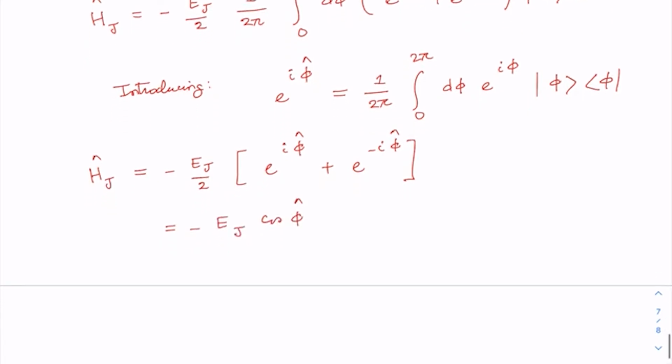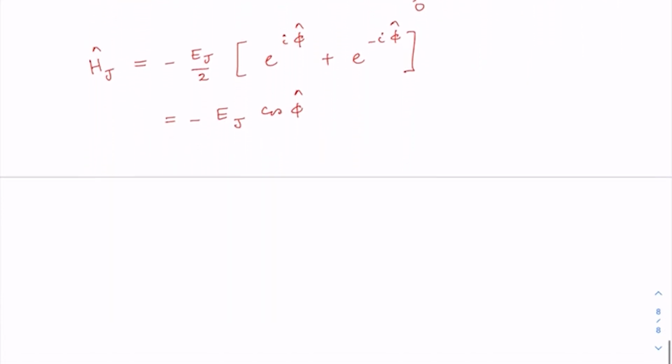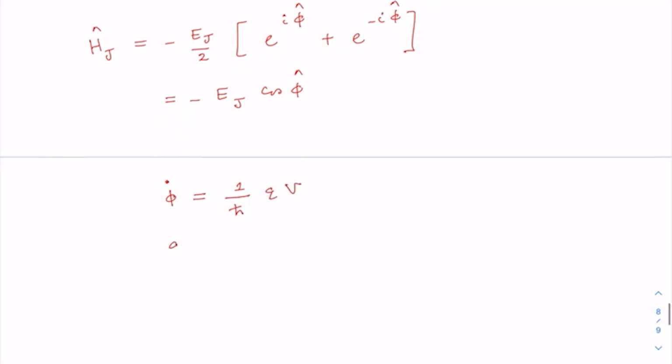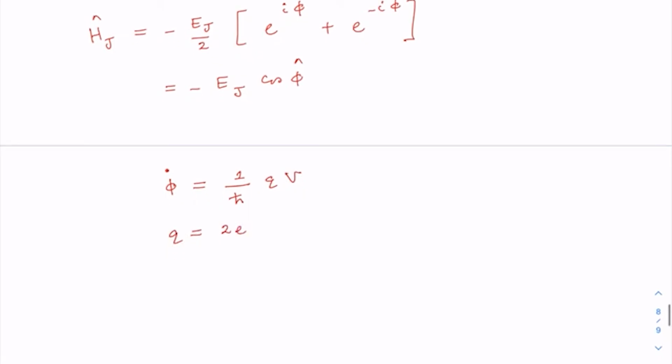This phase difference phi is related to the magnetic flux via the equation that we discussed in lecture 18: phi dot is equal to 1 by h cross times q times v, charge into v. Here the charge is equal to 2 electron charge, 2e.